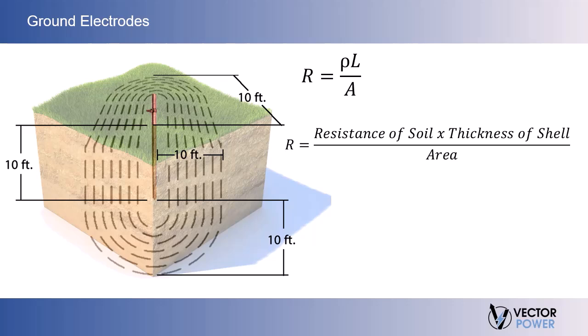This formula illustrates why the shells of concentric earth decrease in resistance the further they are from the ground electrode. Resistance equals the resistivity of the soil times the thickness of the shell divided by the area.